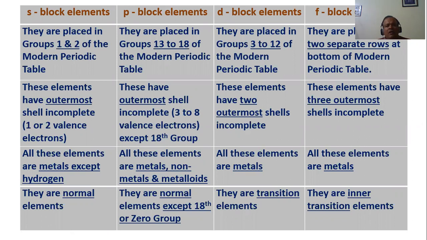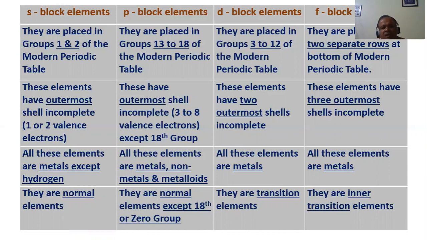Now, the elements in the modern periodic table can also be classified on the basis of their electronic configuration into four major blocks. I'm not talking about groups, I'm talking about blocks. A block may have two or more groups.